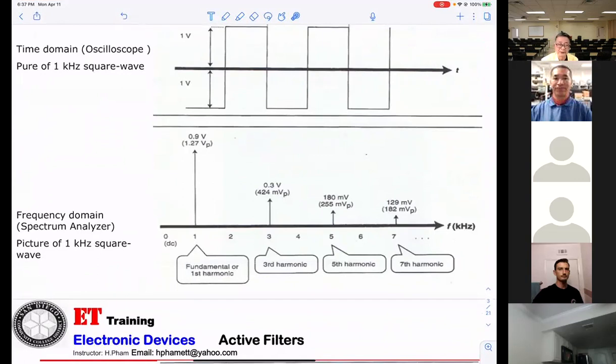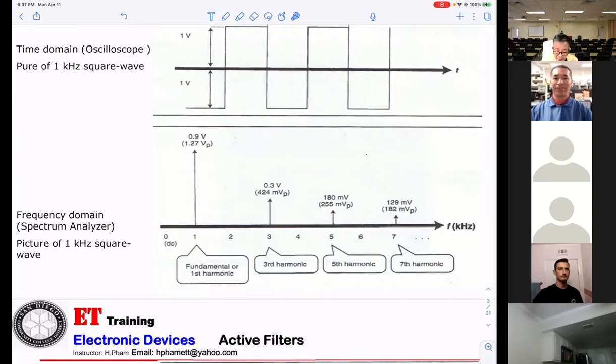So if you want to calculate the bandwidth of a 1 kilohertz square wave, then normally you have to understand what harmonic you want up to. That means they're telling you, I want a bandwidth for the square wave up to the 5th harmonic.